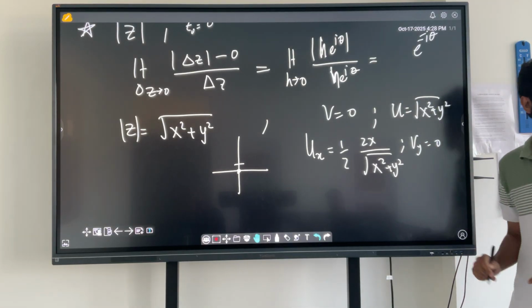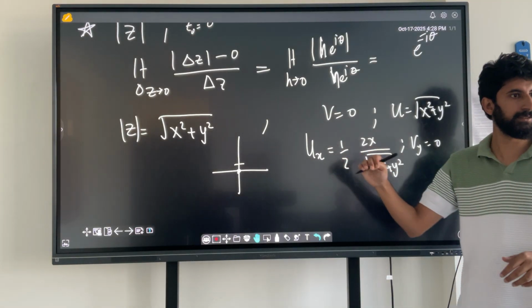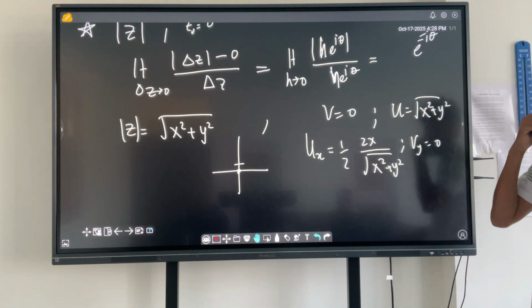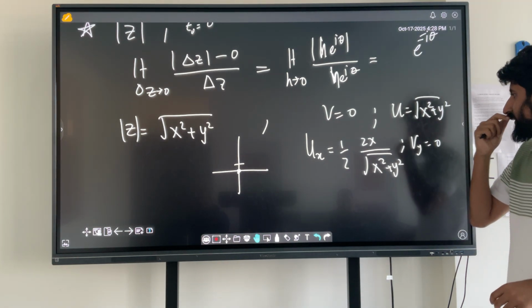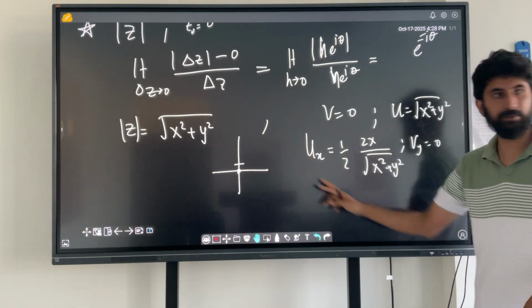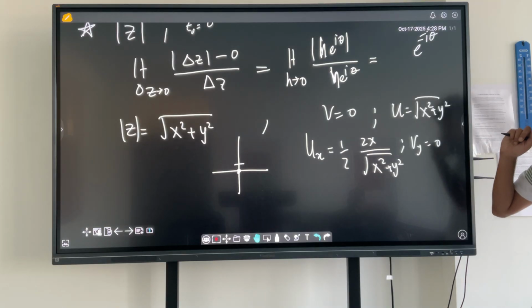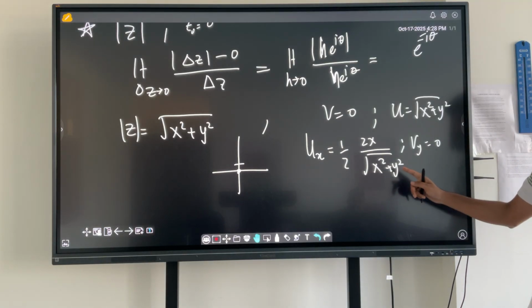It's just 0. So u_x is equal to v_y at this point. But at the origin it is not well defined; the partial derivatives are not well defined there, because it will be 0 by 0, as x approaches 0.